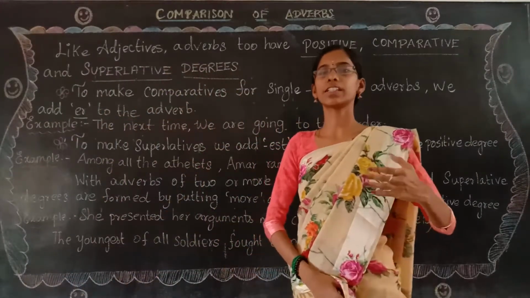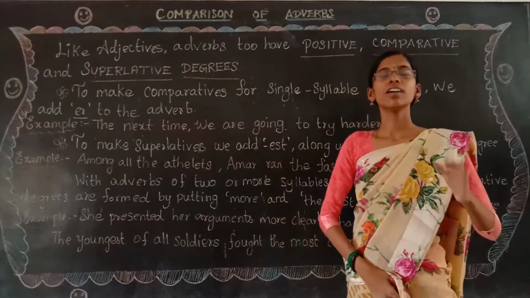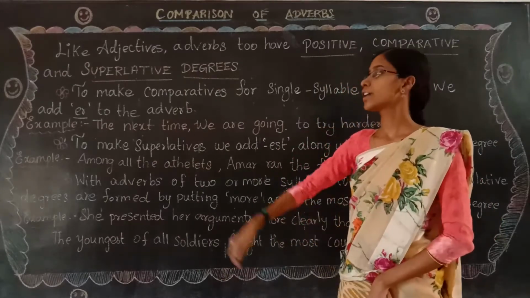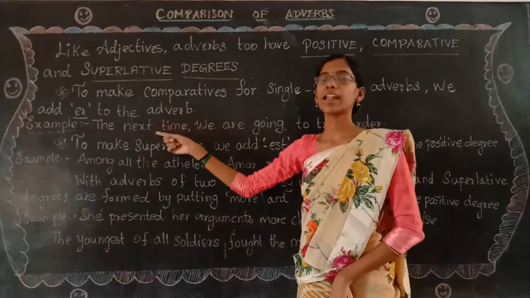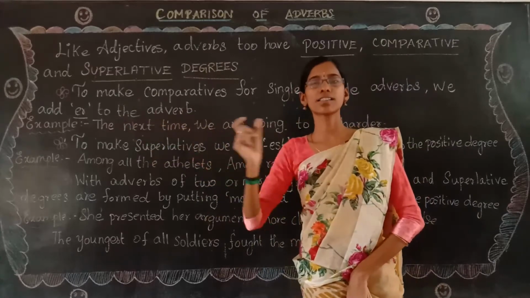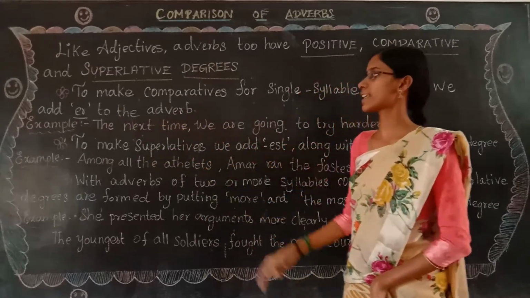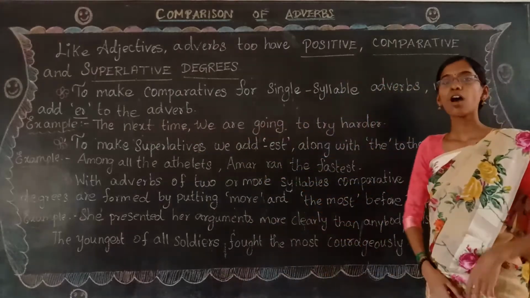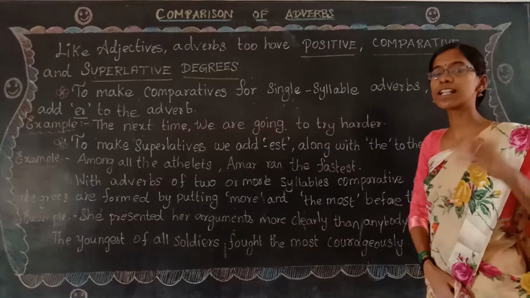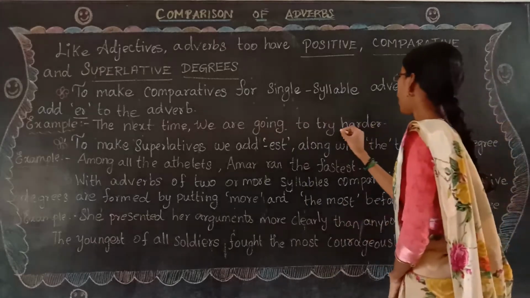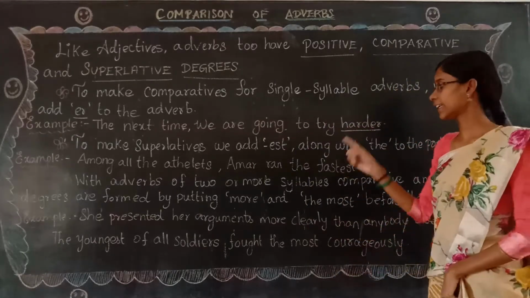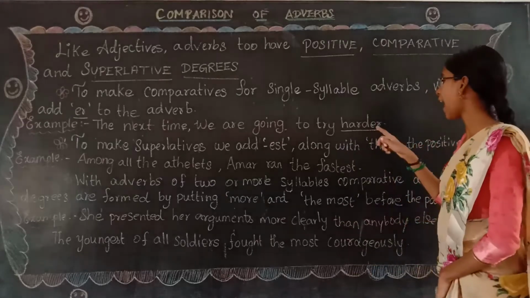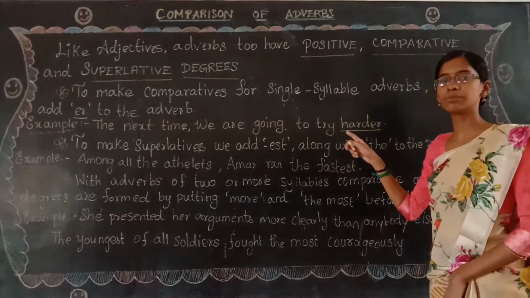For example, if you take fast. This is a single syllable word, okay? So if you want to compare it, you can add ER to the word: faster. See here the example. The next time we are going to try harder. Here what is the adverb word? Hard. But here it comes in comparative form because we add ER to the adverb word.